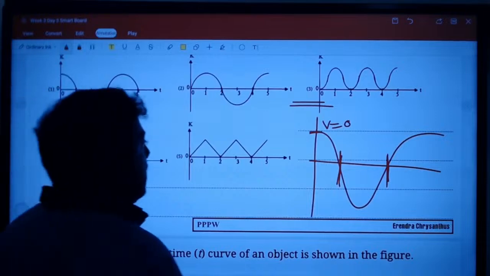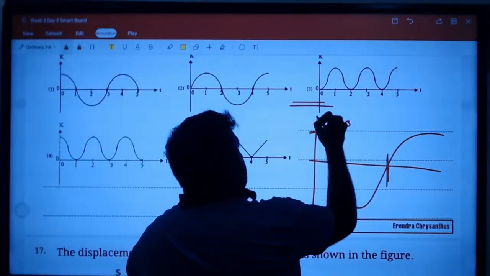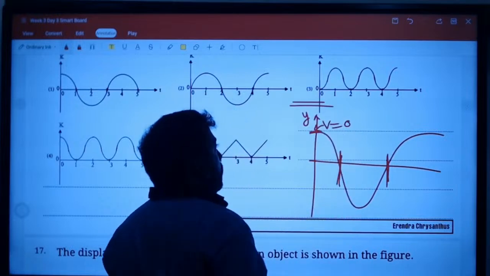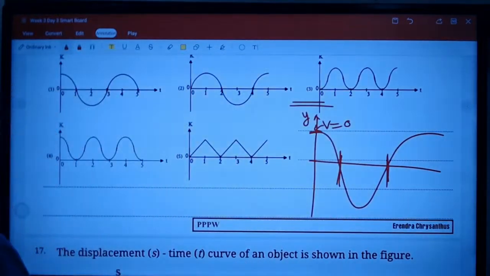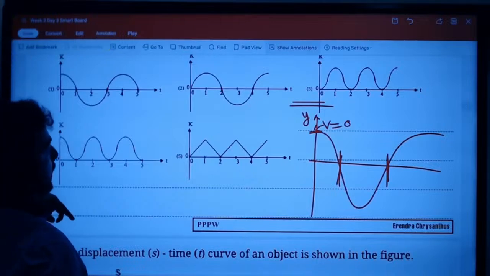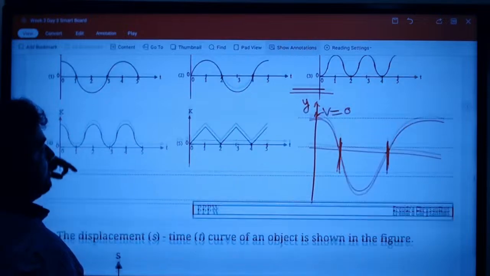As shown in the figure, when the displacement is maximum, the velocity will be 0. And the kinetic energy can never be negative.